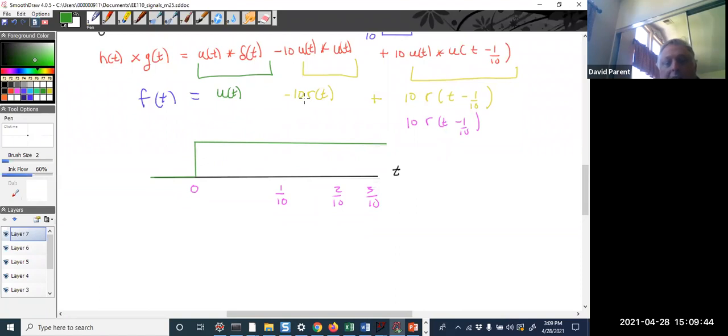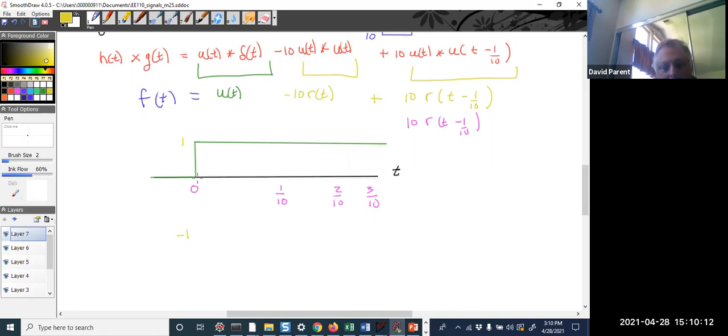Now we have a ramp function in yellow. And the scale is minus 10. Normally we're doing ramps where it's like 1 or minus 1, but here it's minus 10, and that will give us 1 at 1/10.